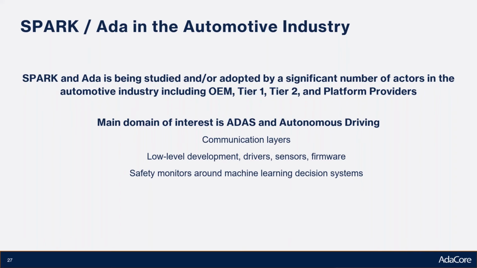In the middle, we see interest in communication layers, so middleware kind of stuff. At the low level, we see interest in safe drivers, sensors, and firmware. And at a higher level, things like safety monitors around complex things like machine learning decision systems.